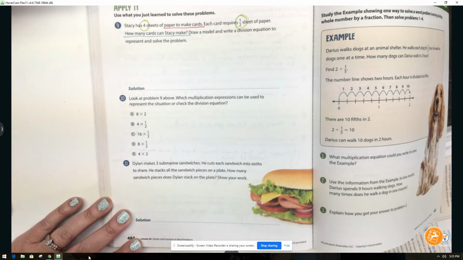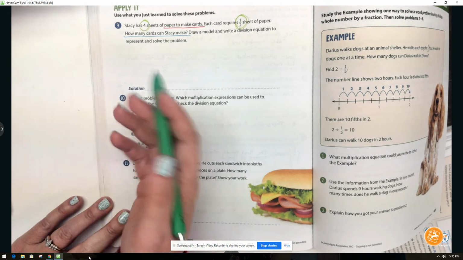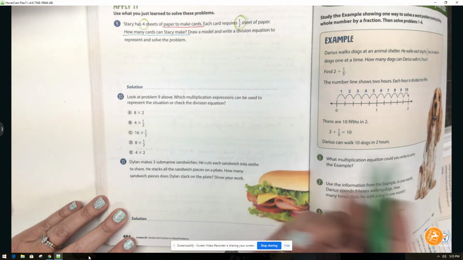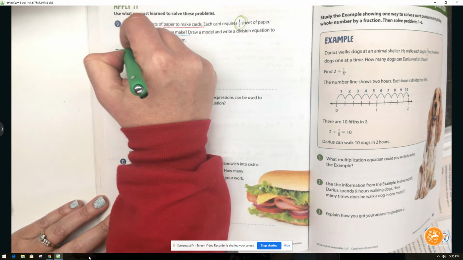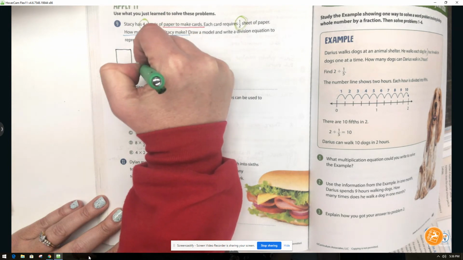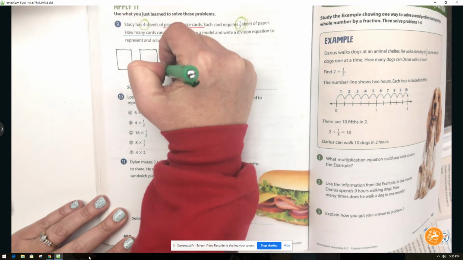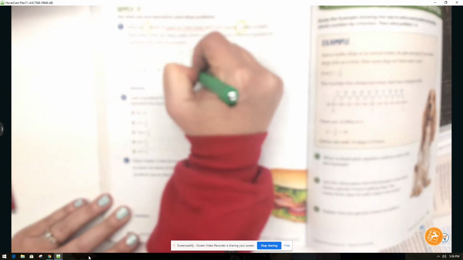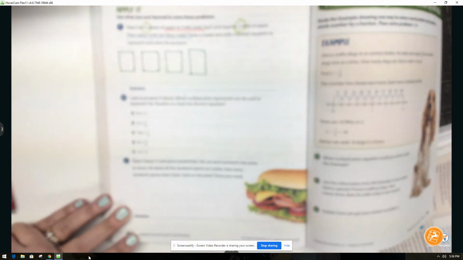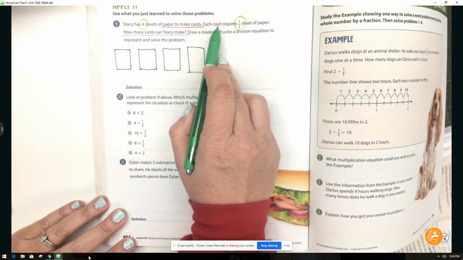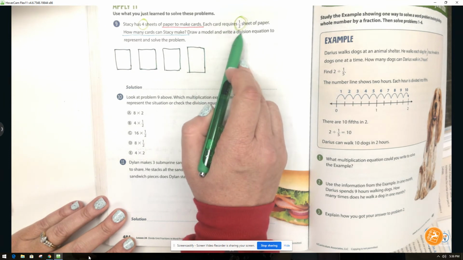So this one, again, lends itself very well to drawing a picture because we can literally draw 4 sheets of paper. So we're going to go ahead and draw 1 sheet of paper, 2 sheets of paper, 3 sheets of paper, and then 4 sheets of paper. So we have 4 sheets of paper. Then we know that each card requires a half of a sheet of paper.